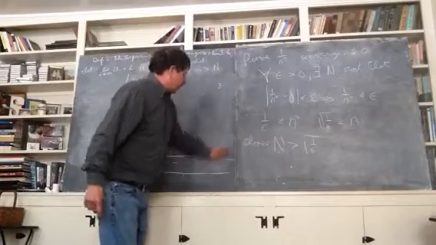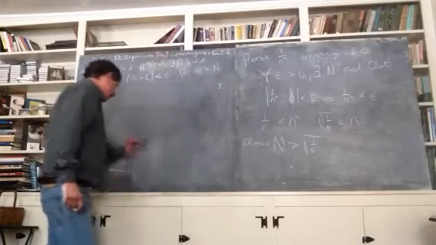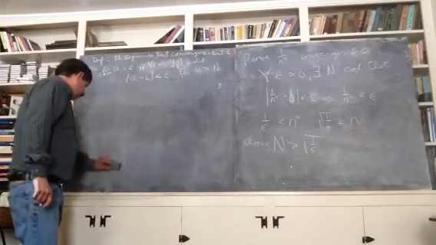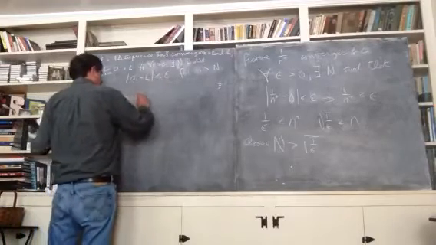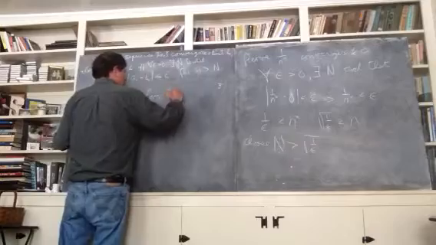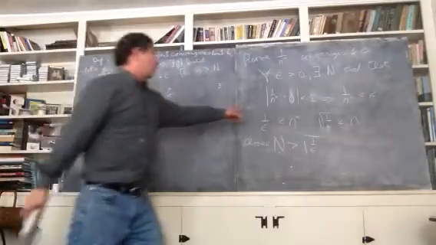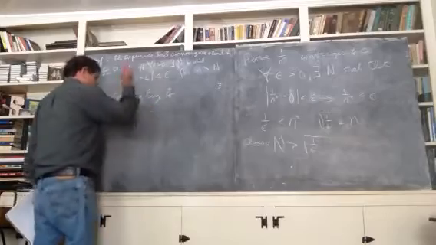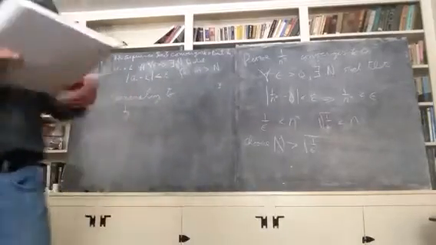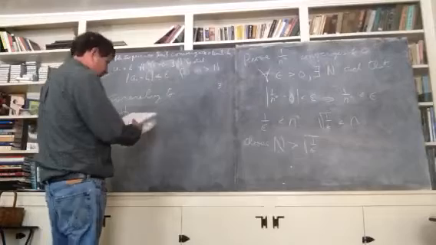Okay, now erase. We can generalize this, actually. Power series are coming. We can generalize this to 1 over n to the p. We can show that that converges to 0 as well. It's relatively trivial.